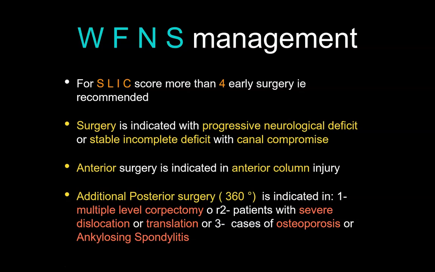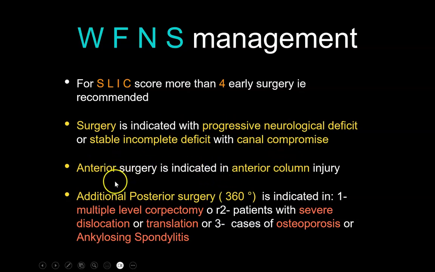So the World Federation of Neurological Societies prefers the SLIC in conclusion. And surgery is indicated outside this if you have progressive neurological deficit, or a ruptured disc compressing the cord, or a canal compromise, whether by the disc or a piece from the burst fracture. And anterior surgery is indicated in anterior column injury.